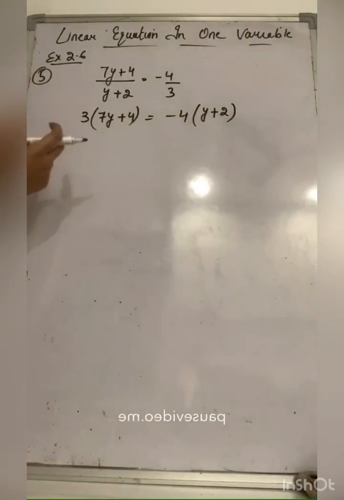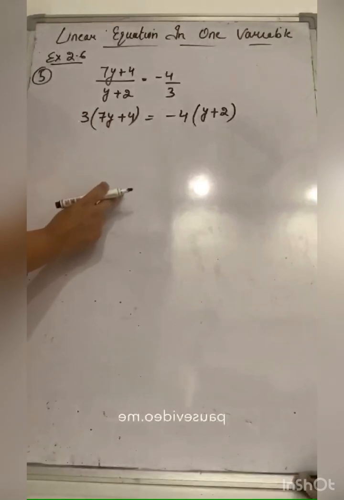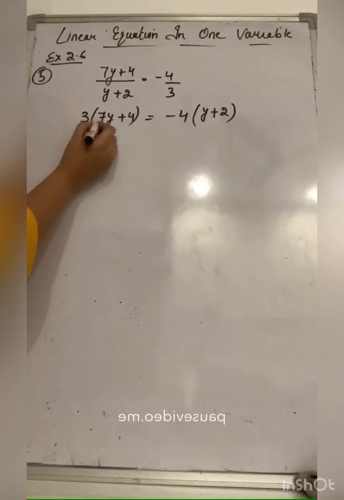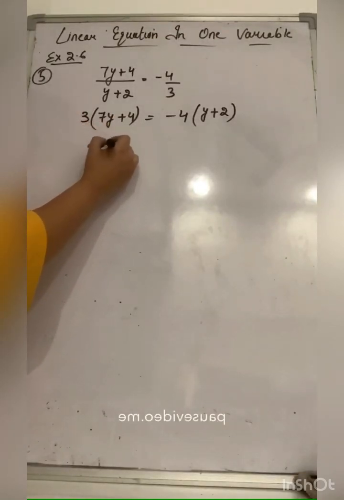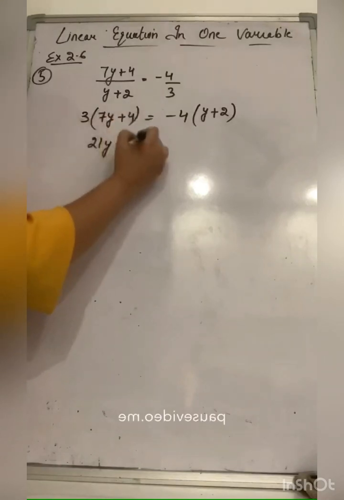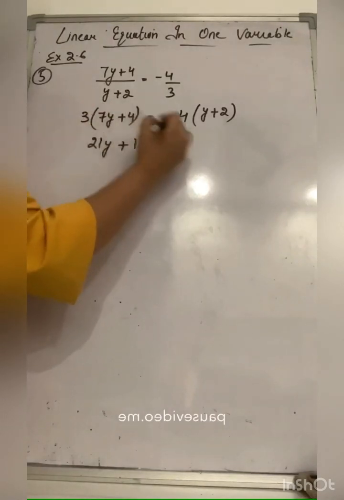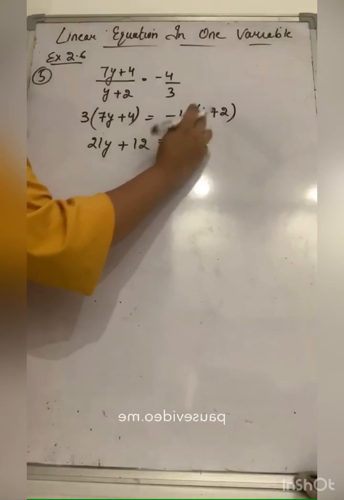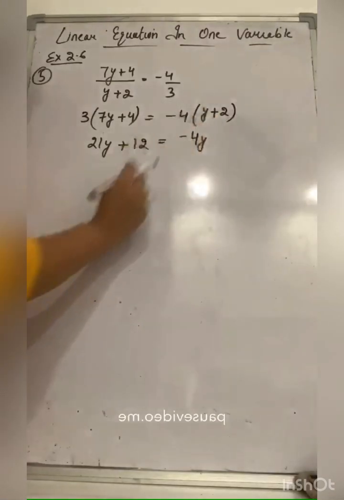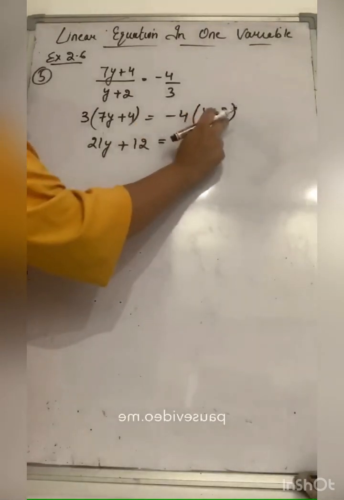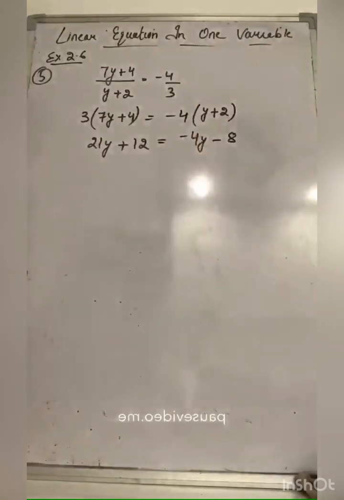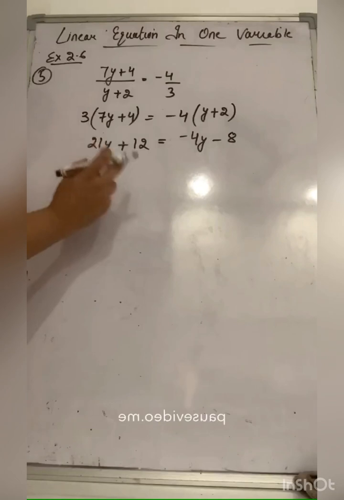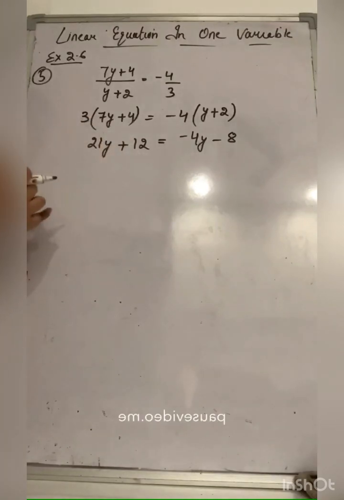Now, what we have to do? We have to open the brackets on both the sides. 3 into 7y, 21y, plus 3 4s are 12, minus 4 into y, minus 4y, minus 4 into 2, minus 8. Now beta, what we have to do? We have to combine the like terms.